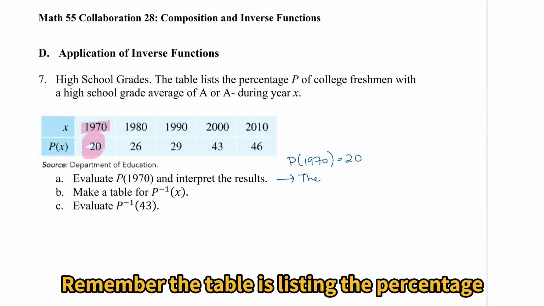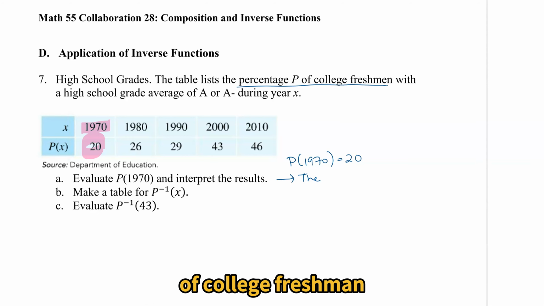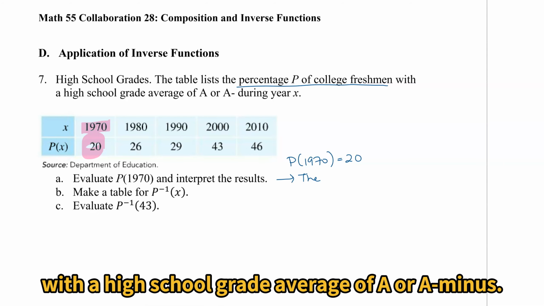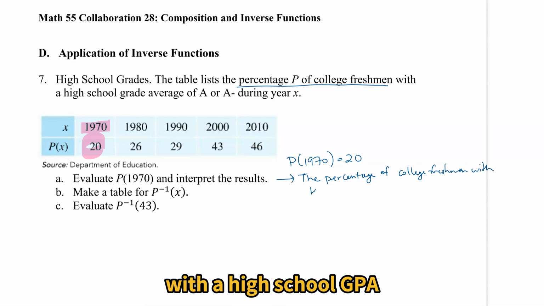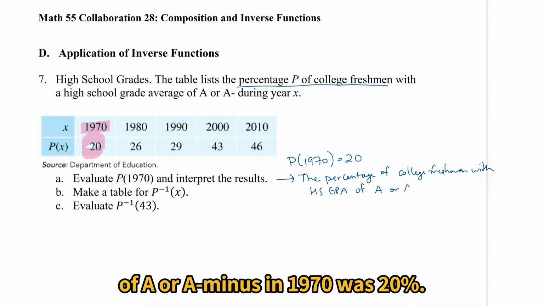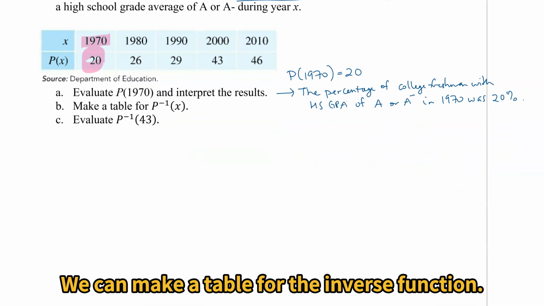Remember, the table is listing the percentage of college freshmen with a high school grade average of A or A minus. So the percentage of college freshmen with a high school GPA of A or A minus in 1970 was 20%.